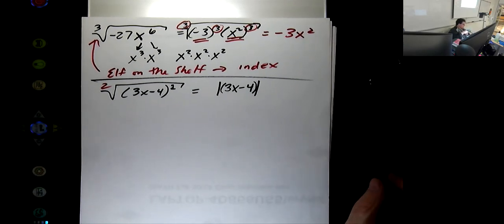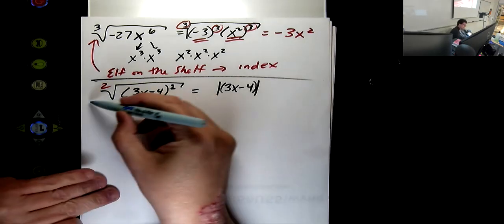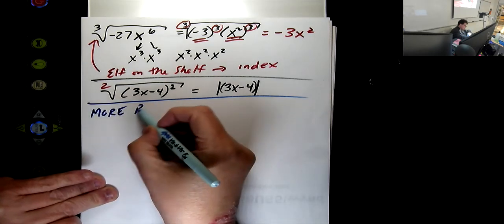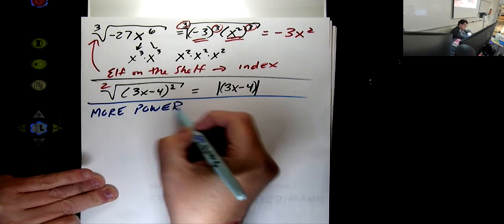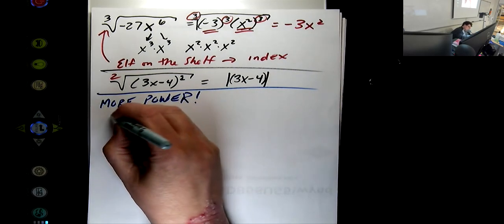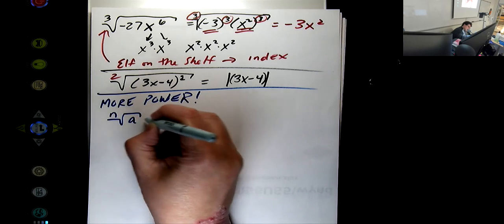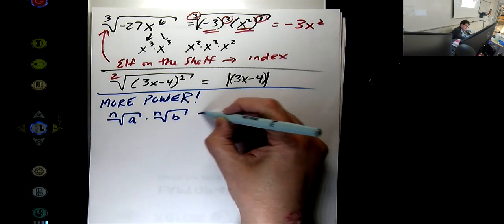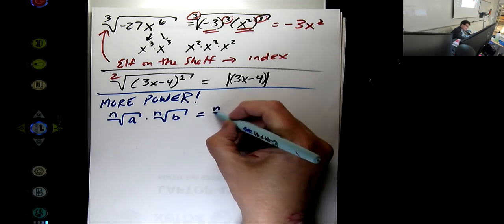Let's look at some more fun rules with radicals. If I have the nth root of a and I multiply by the nth root of b, I get the nth root of a times b.